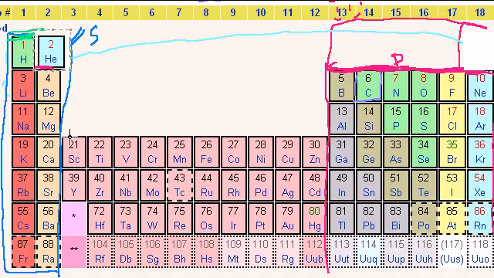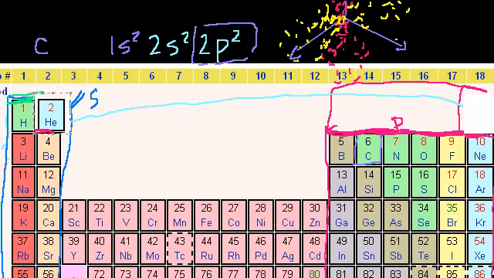So helium's configuration is 1s2. We're in the first energy shell. So the configuration of hydrogen is 1s1. You only have one electron in the s subshell of the first energy shell.